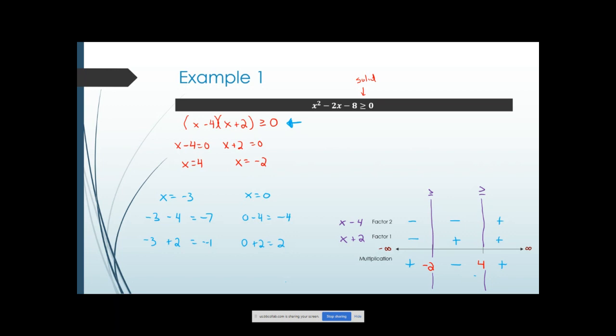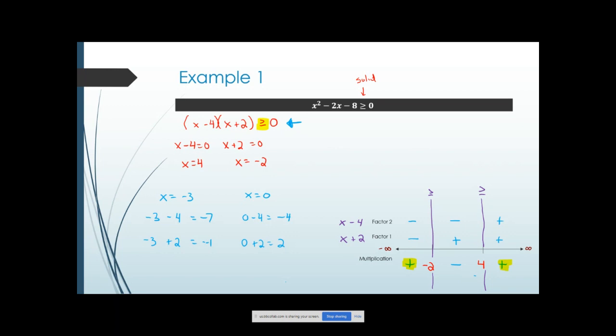So now that you've made that chart, how do you know what your solution is? Well, we are looking for things that are greater than or equal to 0. So that's positive. So we are looking for the areas of our chart where we are positive when you multiply.